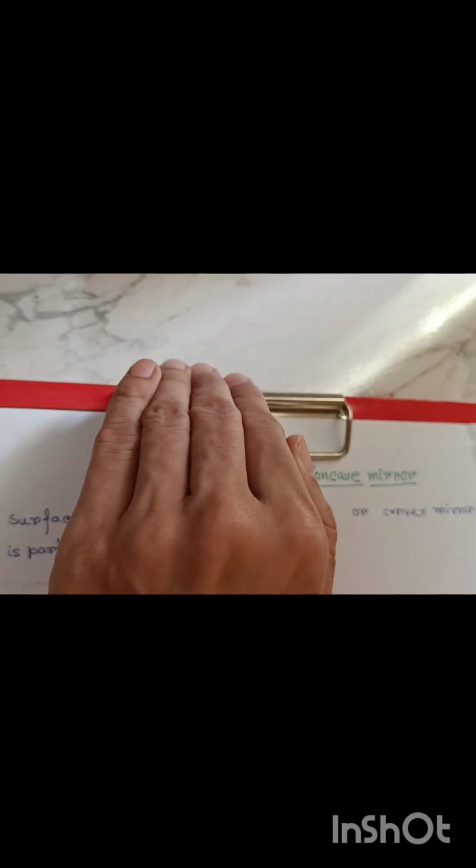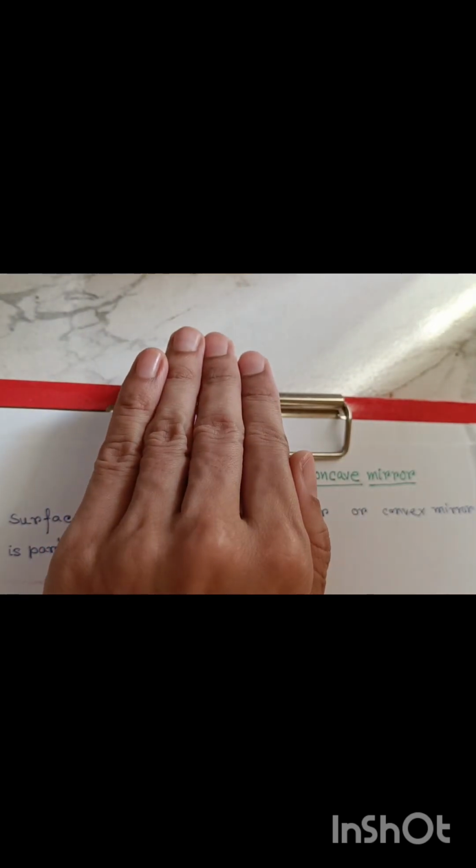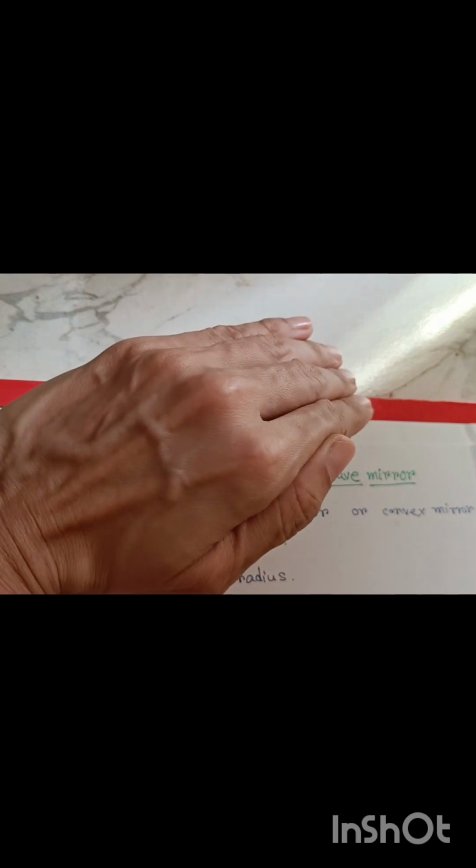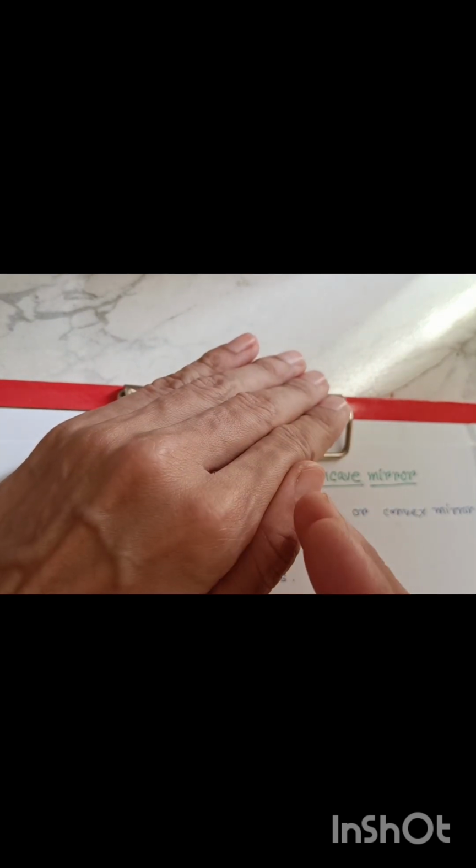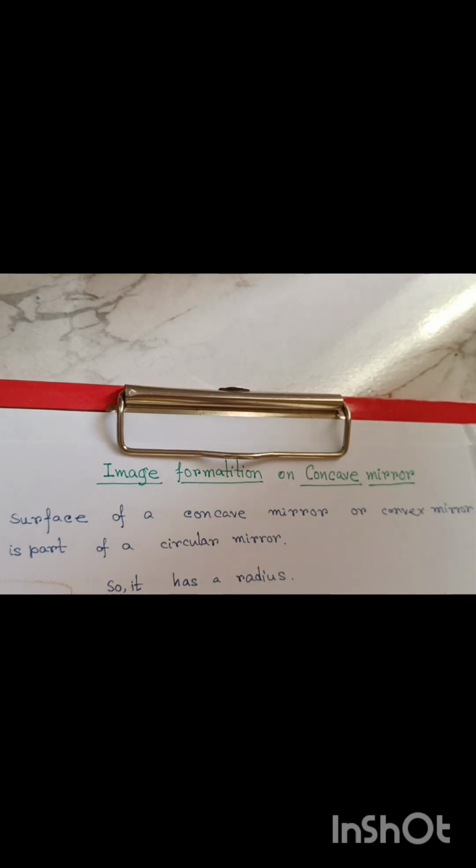When we are flipping our palm, then the upper side is like a convex surface. The spherical side is outward for a convex mirror, and for a concave mirror the spherical surface is inward.